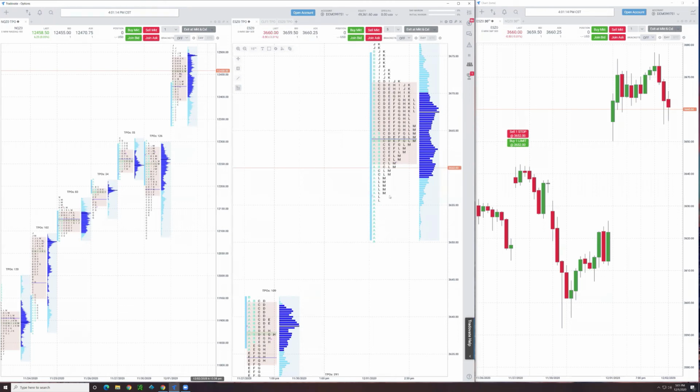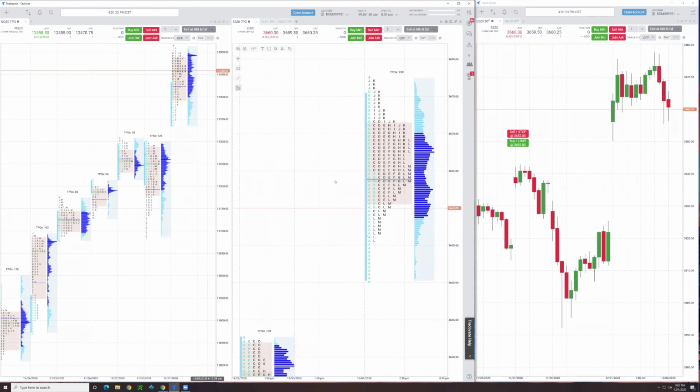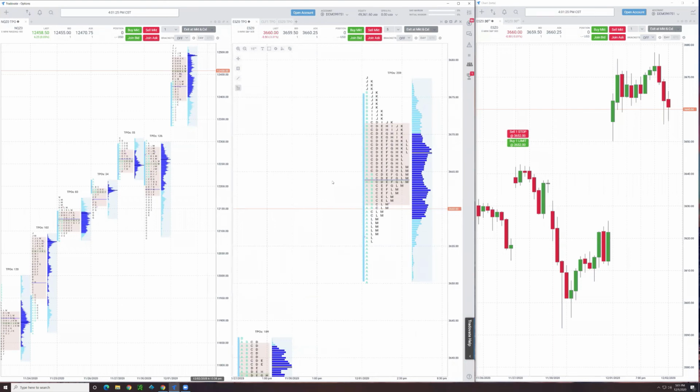So this is considered a buy tail, and it's a form of excess here. That's one of the reasons I like these charts, because it makes it very clear. This level right here is a level where, if it gets below that, it's eating into those single prints.